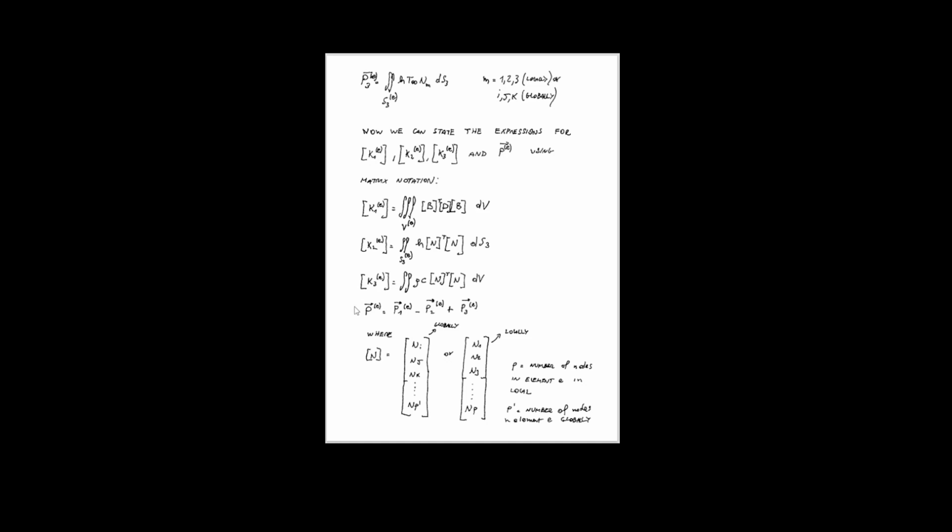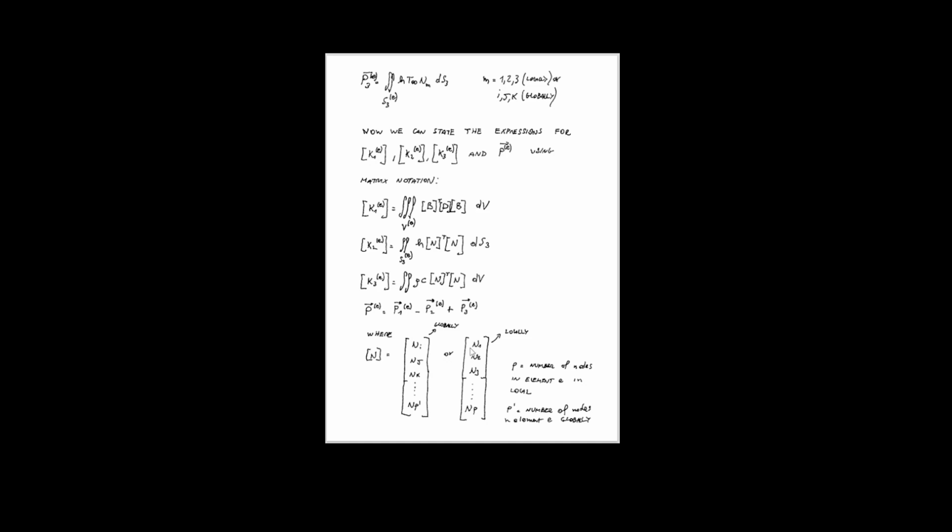But N, as we have stated before, are Ni, Nj, and Nk, and if we had more nodes there would be more terms, but in this case we have only three nodes inside the element, so we have only these first three terms.